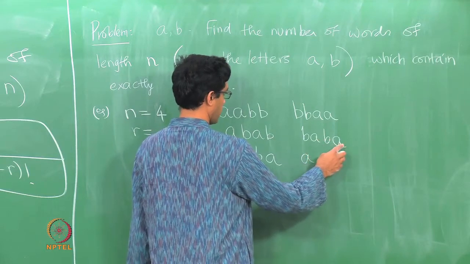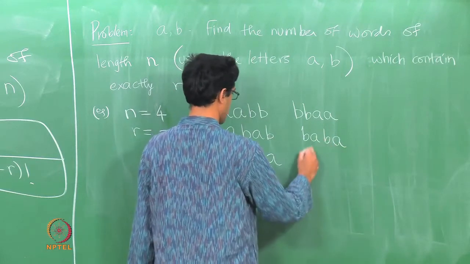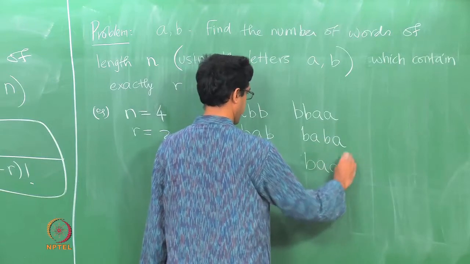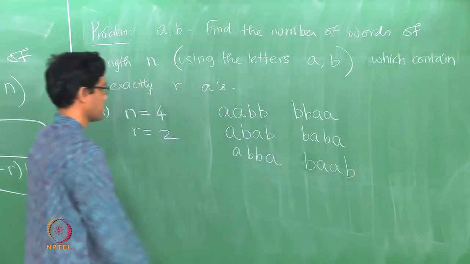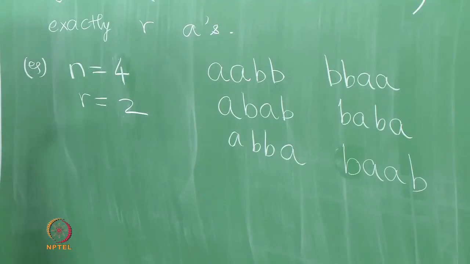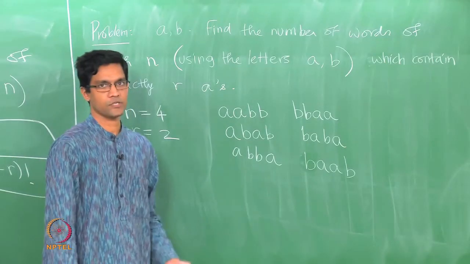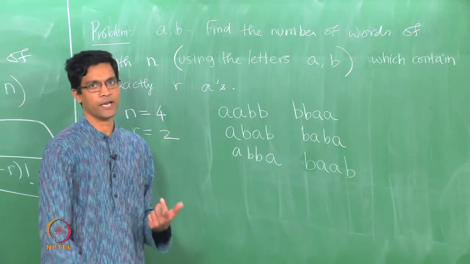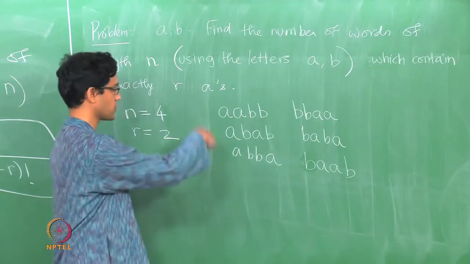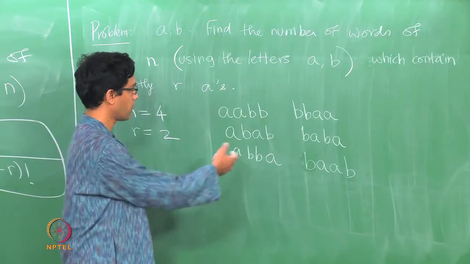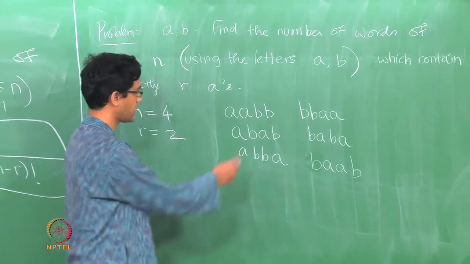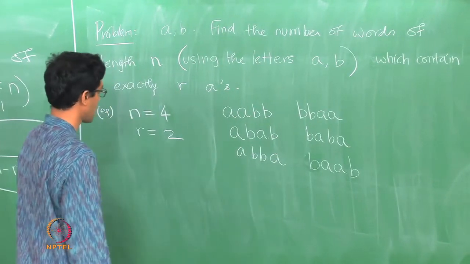I have BA, AB. Okay, so what we have done is written down a list of words which have length 4 and which contain exactly 2 A's, and there are 6 such words, and hopefully I've gotten everything right. There aren't any more words that one can construct.